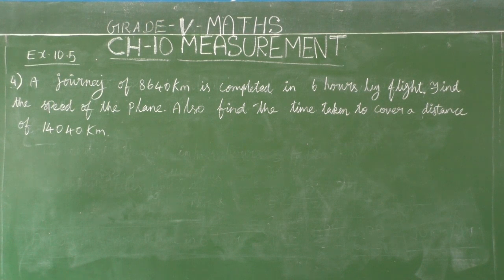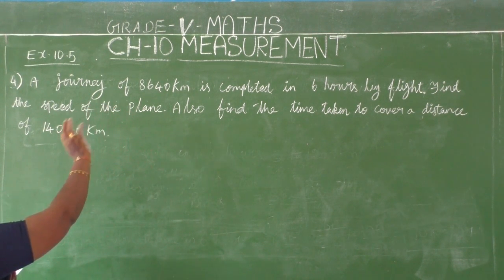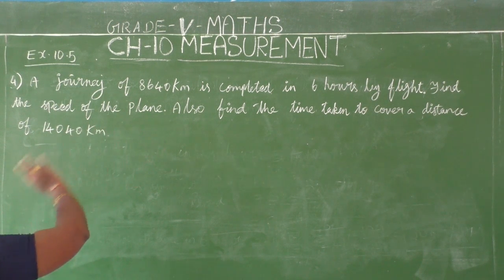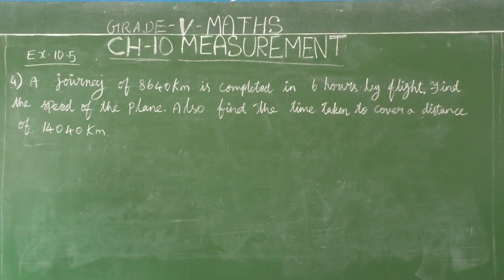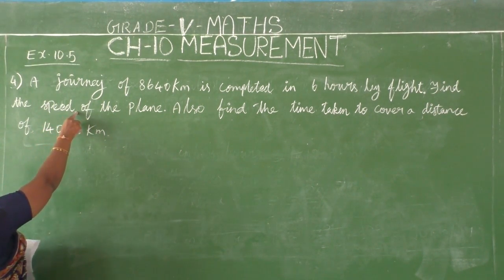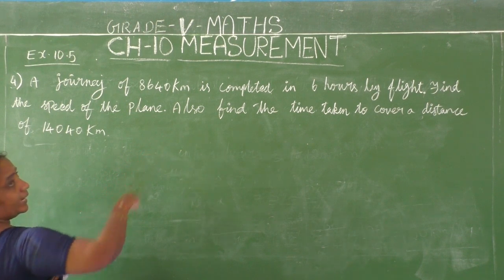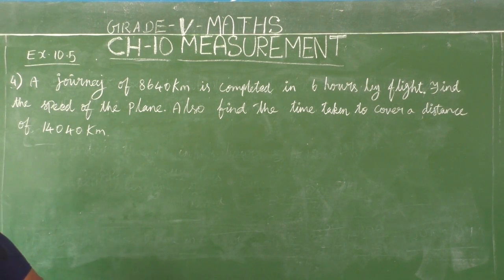They gave the distance with speed, and we are going to find the timing. Speed means here only we are going to find the speed ma. That same speed we are going to use for the second question. Okay? Right, listen.